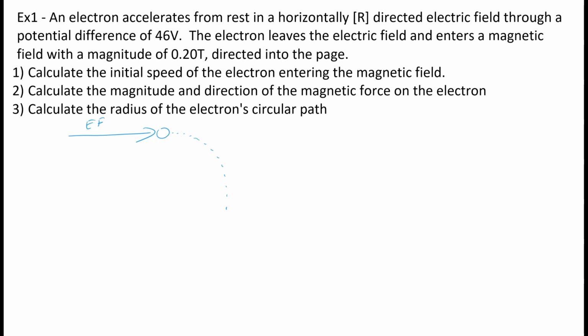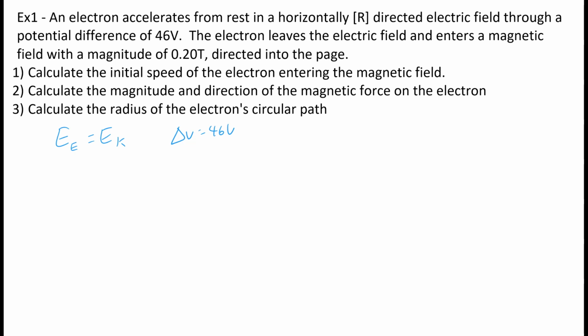So the first part of this question is asking us to calculate the initial speed of the electron entering the magnetic field. We know we're putting energy into the particle, and as a result, we're getting kinetic energy. With the information we've been given, we know it has a potential voltage of 46 volts.